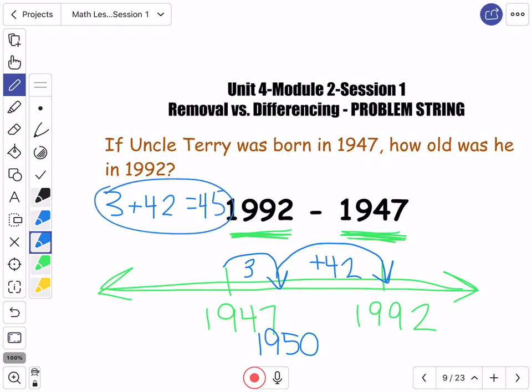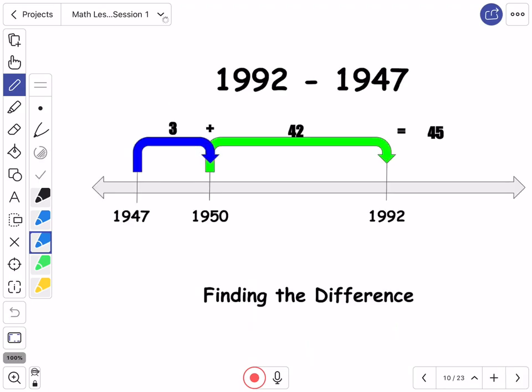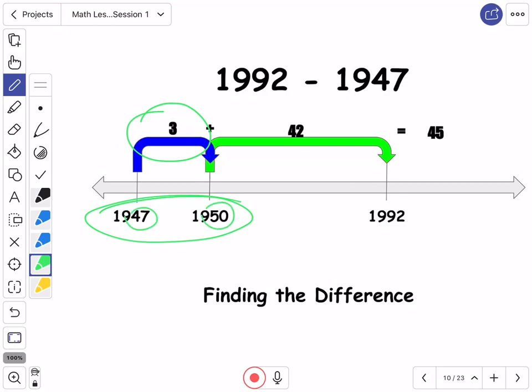Now I'm going to jump onto the next slide and see if we got it correct, okay? That's exactly what I did. Do you see what I did here? I jumped 3 spaces to make it a little bit easier. This makes me think of our give and take that we were talking about before we left school when we were doing addition. It's a little bit of, can I get myself to an easier number? Well, from 47 to 50 is only 3 spaces.